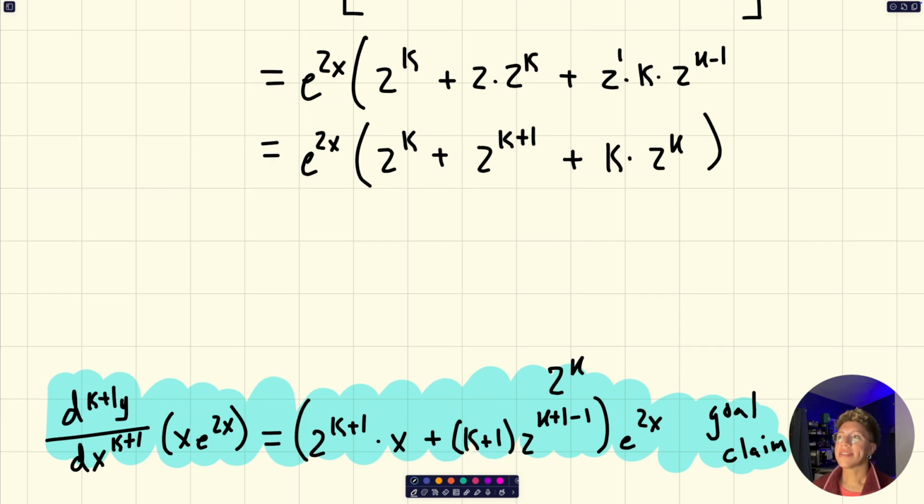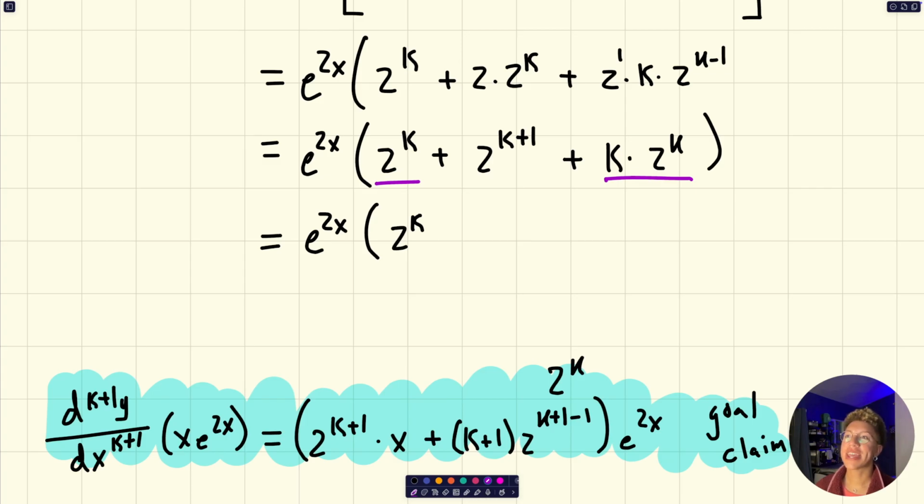And now we see that there's a lot of similar terms here, so we get e to the 2x. We have a 2 to the k and a 2 to the k, so we factor out a 2 to the k from this term, this term and this term.